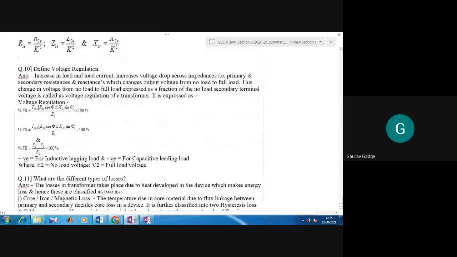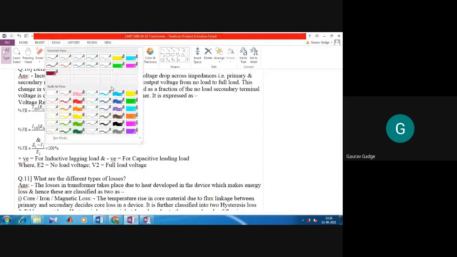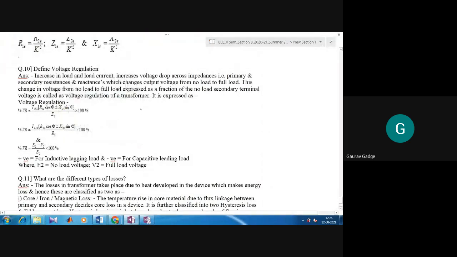This is your voltage regulation, and these are the expressions. Generally, voltage regulation means the change in voltage. If I have a transformer with primary winding and secondary winding connected, first we keep it no load.